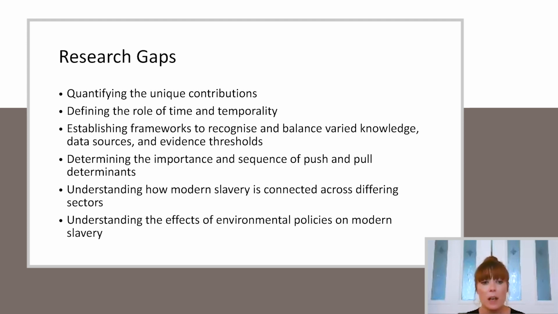And vice versa, when we start to see an uptick in the occurrence or prevalence of modern slavery, what is the length of time before we actually start to see the environmental degradation? Because of course, environmental degradation often has to happen at a scale that is visible. So what is that time frame, and what is its importance in terms of how we design and develop interventions and policy action?